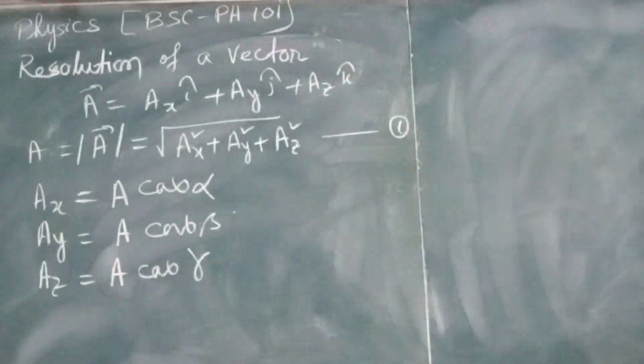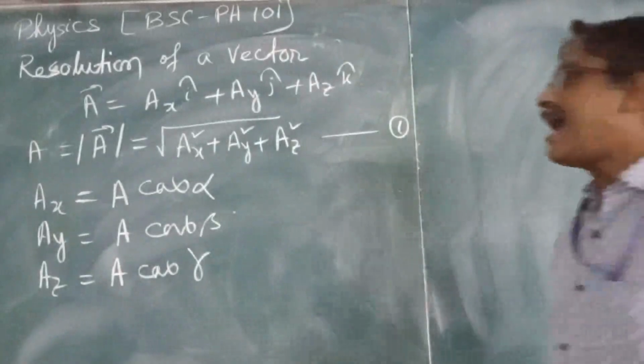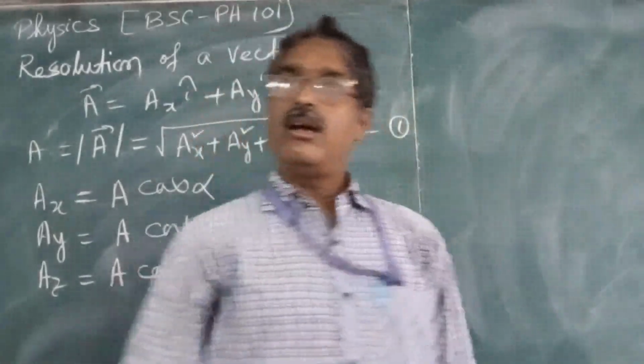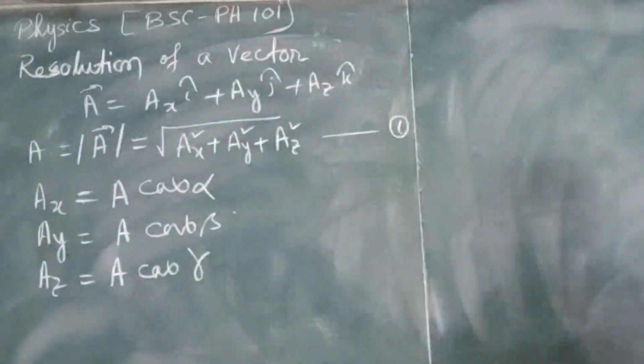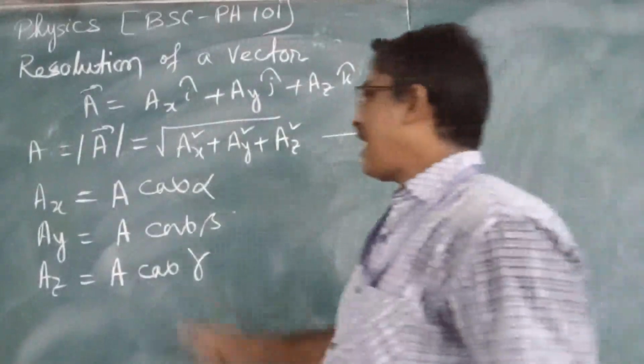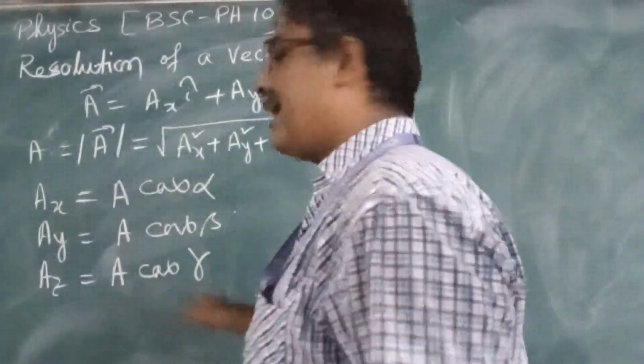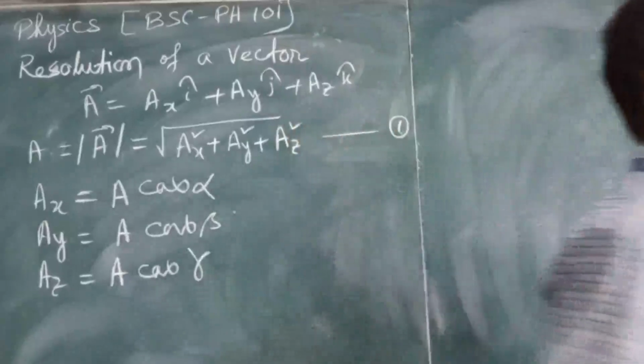These are the components of A along x, y and z axis, where alpha, beta, gamma are the angles between A and x axis, A and y axis, A and z axis.